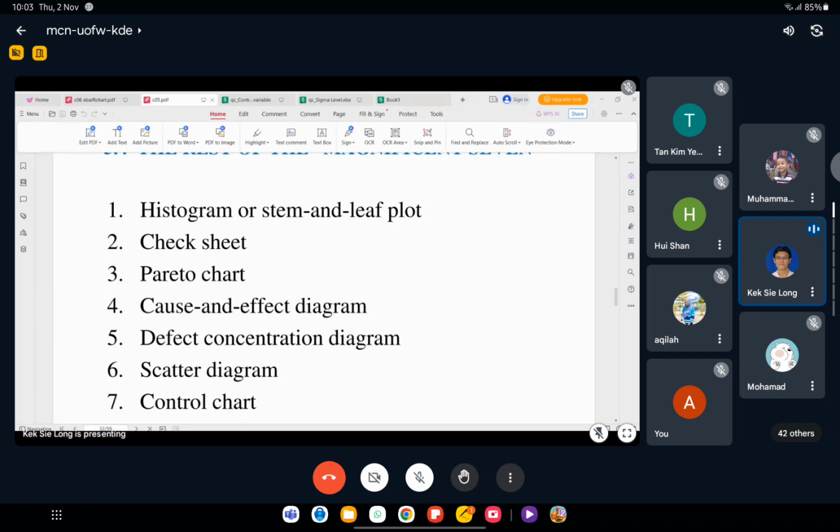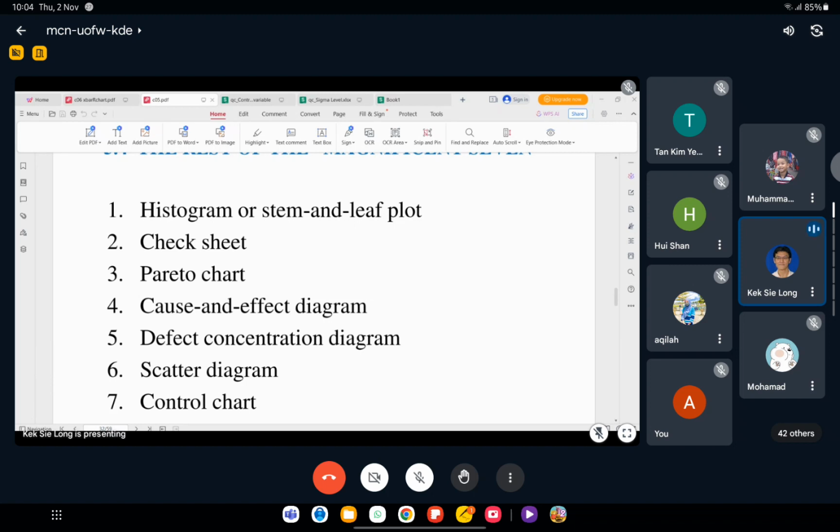Control chart is our main focus in quality control. Although we focus on control chart, it does not mean that the other tools are not important. Diagrams 1 until 7 are also important.